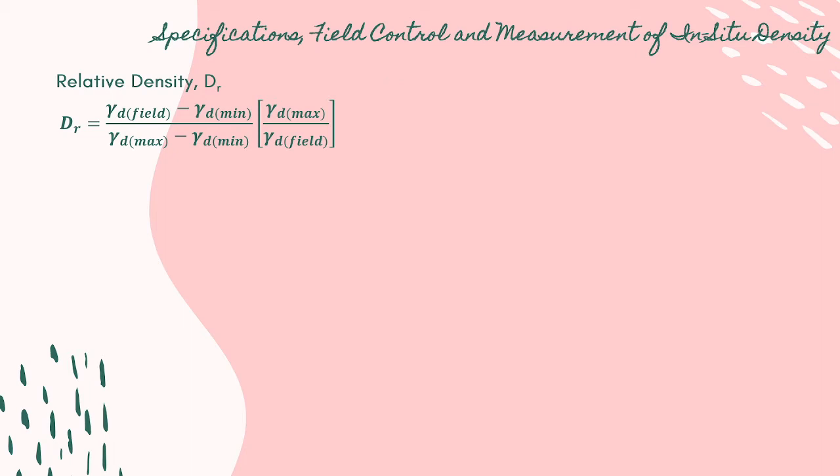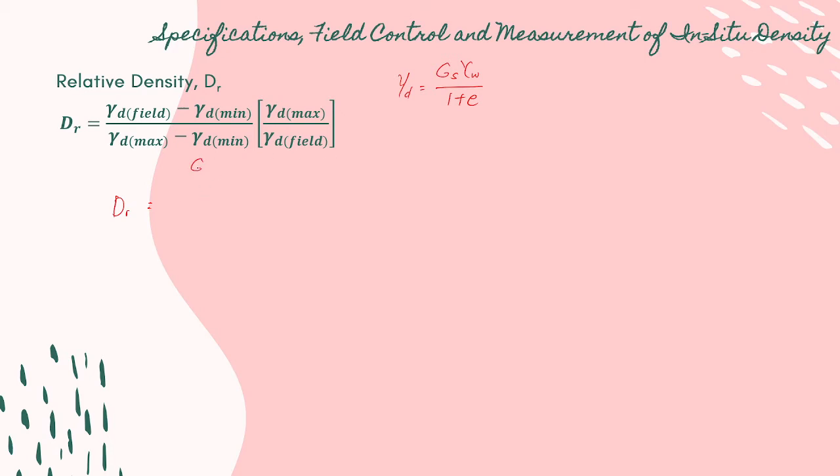So remembering that the formula for the dry unit weight is the specific gravity times the unit weight of water all over 1 plus e, we can substitute into D sub r, the relative density.